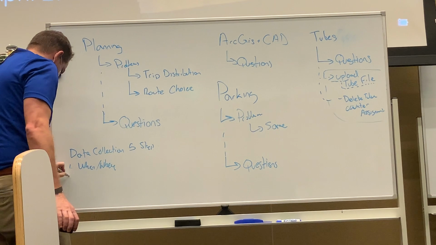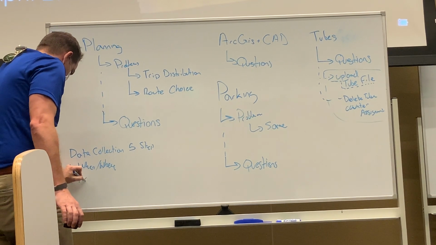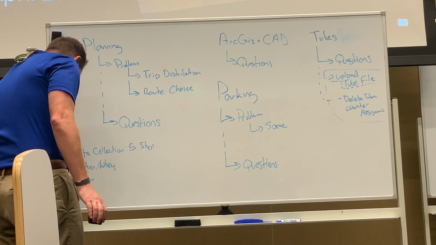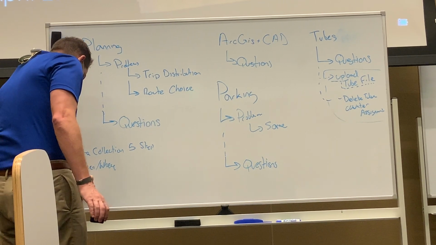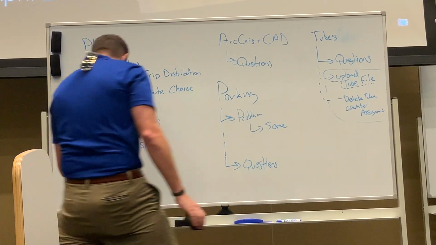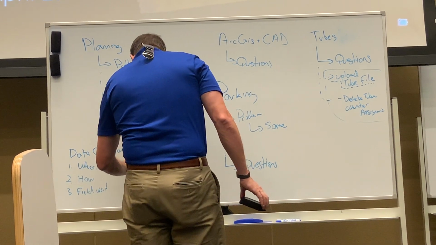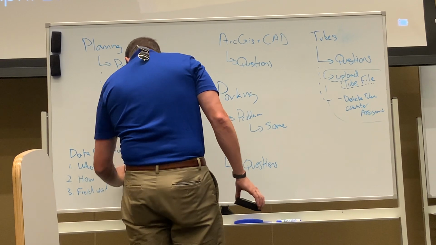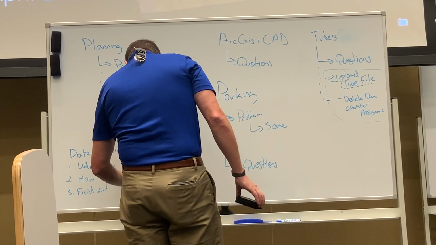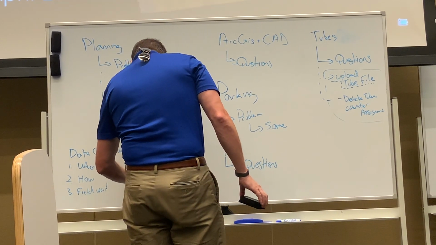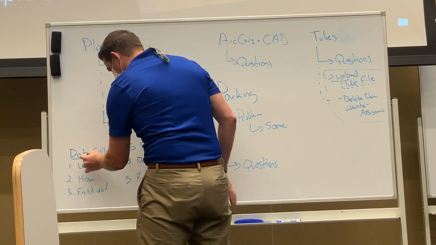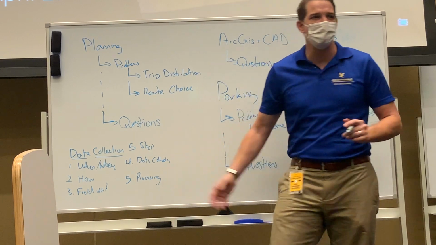Step 2 is how. Step 3 was field visit. Step 4 was data collection. And then 5 is data processing. That's a solid 5-point question on the test.